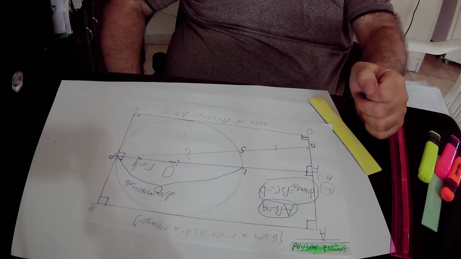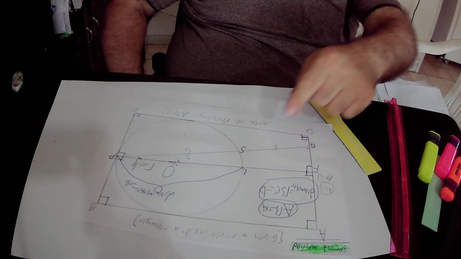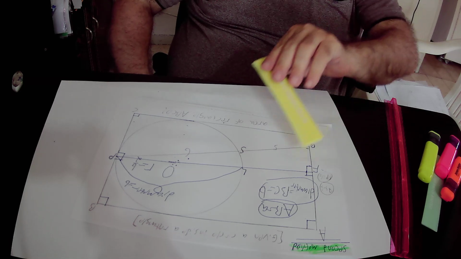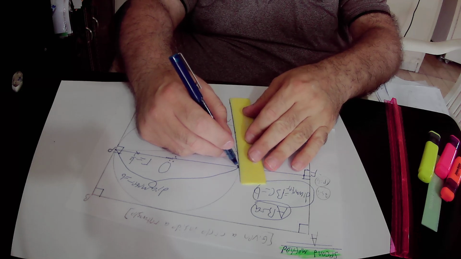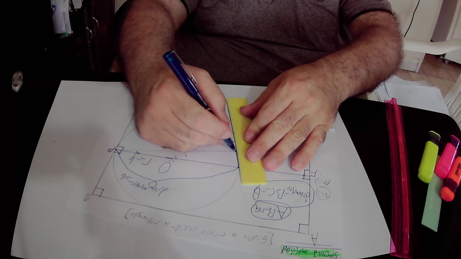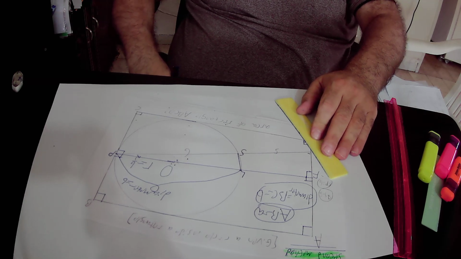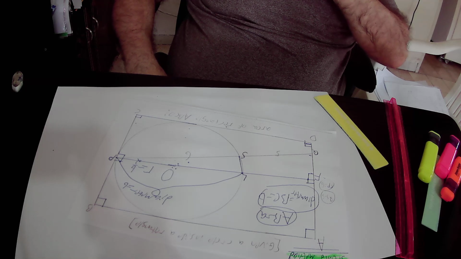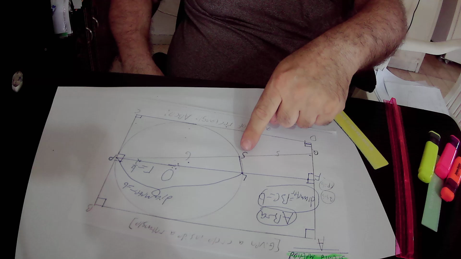Here we join points L and S together by a straight line. By joining points L and S together by a straight line, we created peripheral angle LSP.